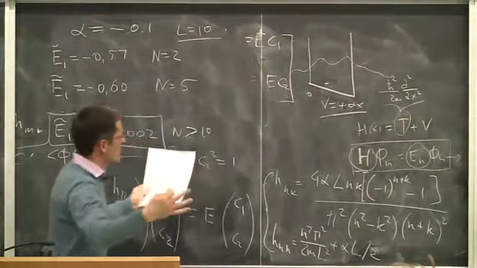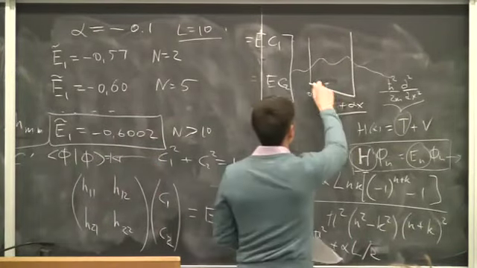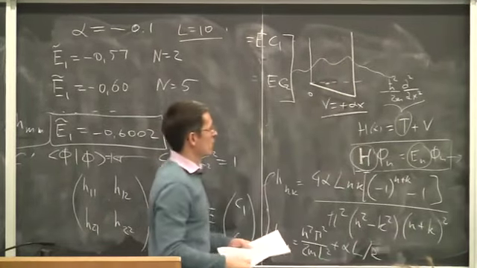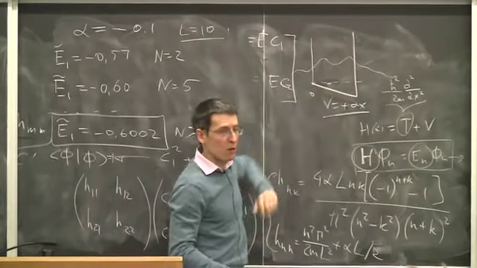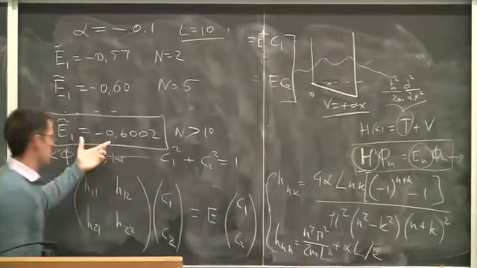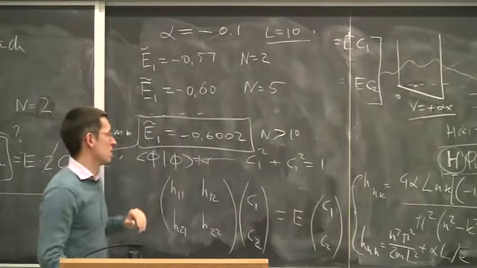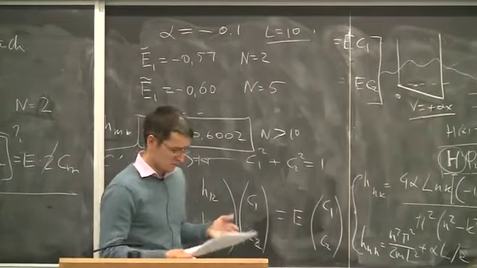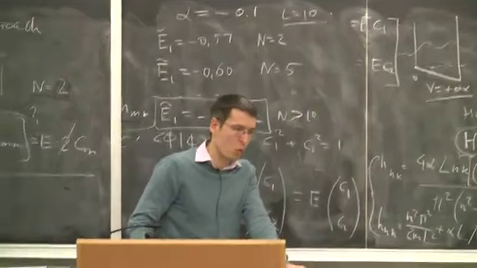So we have a box and an inclination, and compared to the normal particle in the box, that inclination lowers the potential of the box, because alpha is negative. That's why the ground state, instead of being positive, is actually negative, because in the particle in the box it's always a positive number.